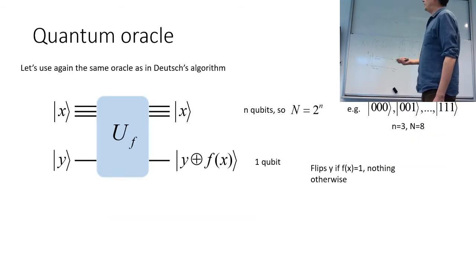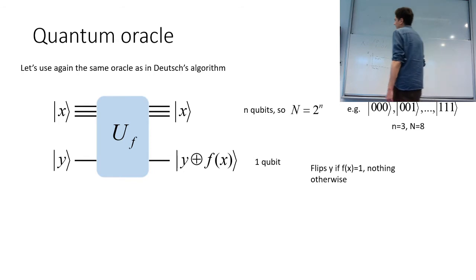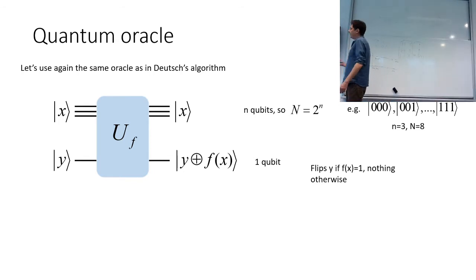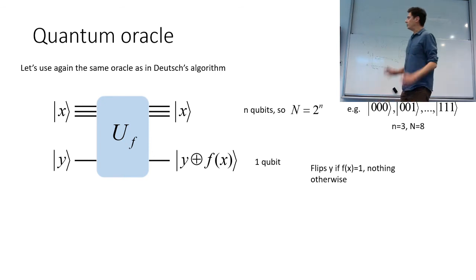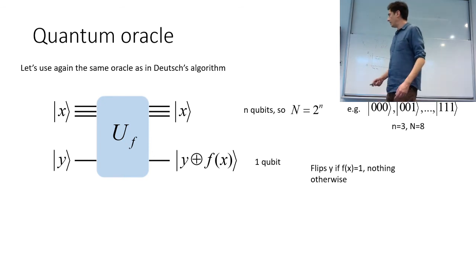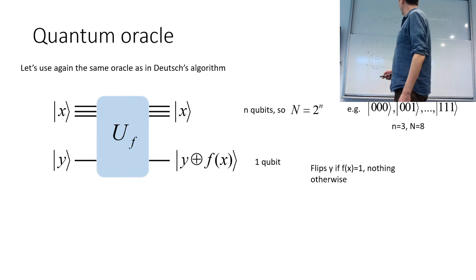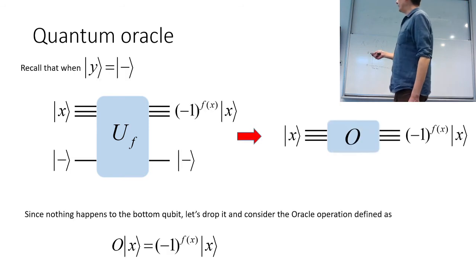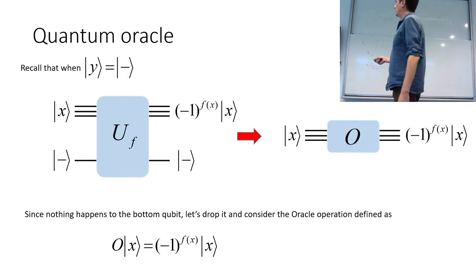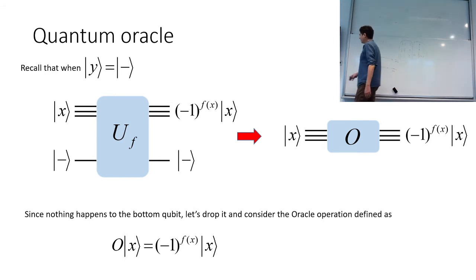And we're going to use the same kind of construction as in Deutsch's algorithm. And in a way, actually, you don't really need to do this construction, because essentially what you want at the end is some operator that gives this kind of relation.